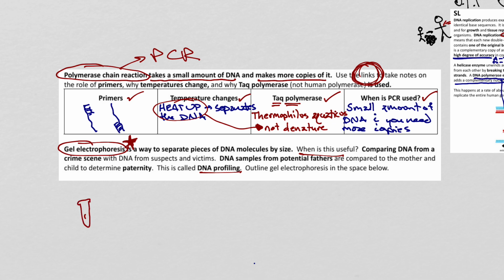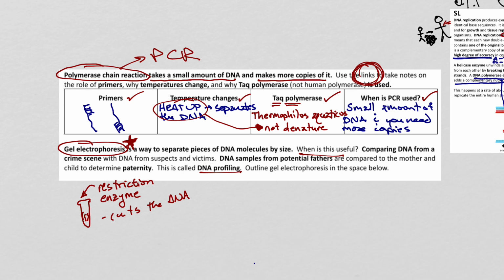Okay, so what you got to do with gel electrophoresis is you get a small sample of DNA here, not a ton of it. I mean, there's a lot of molecules in there, but you add into it something called a restriction enzyme. This enzyme looks for very specific DNA sequences and cuts the DNA.